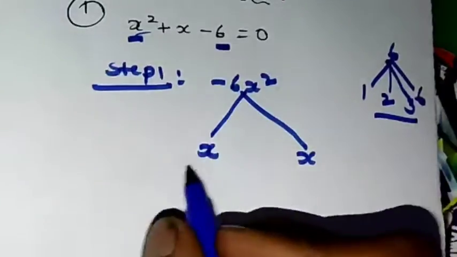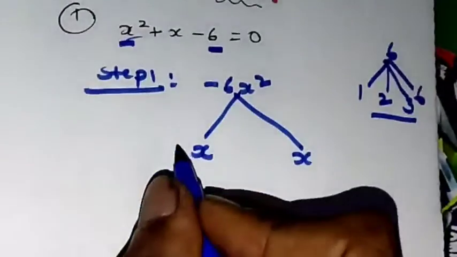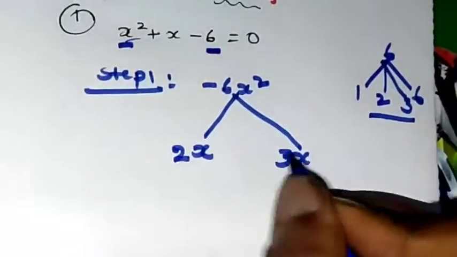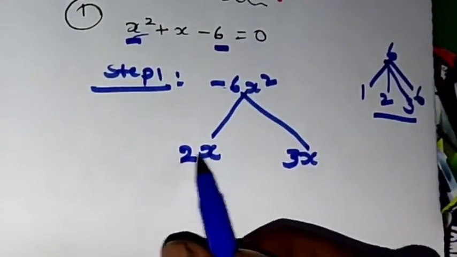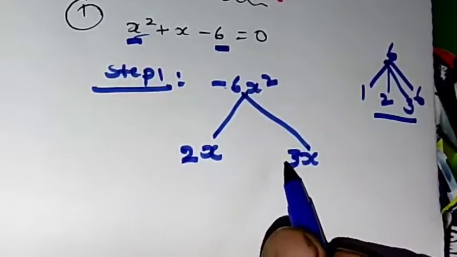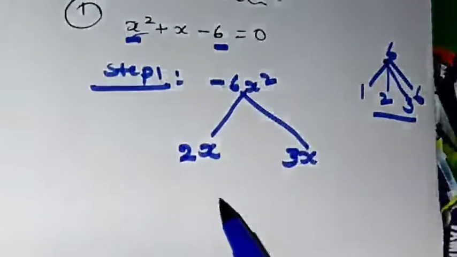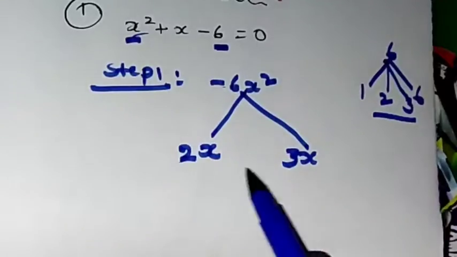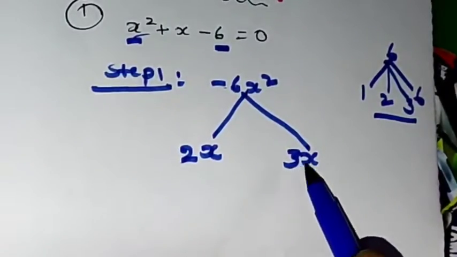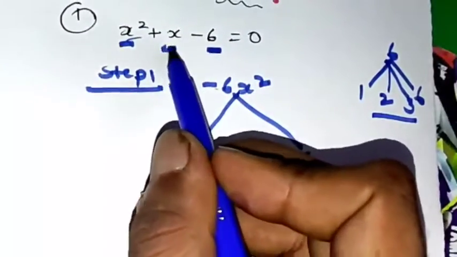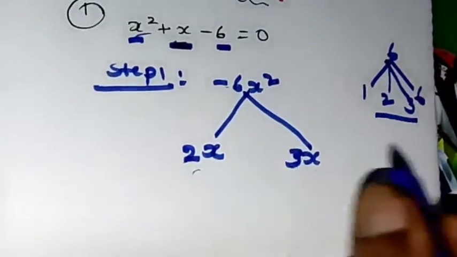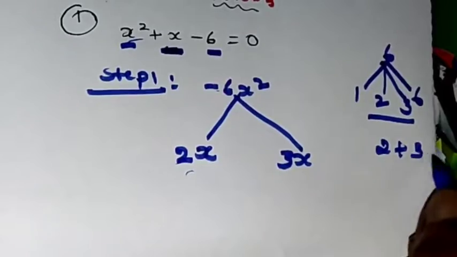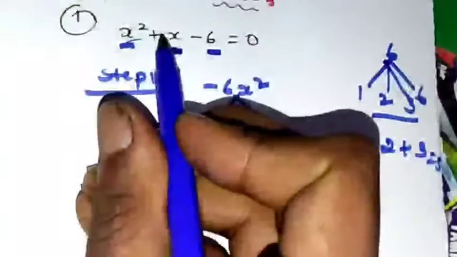Suppose I am taking 2 and 3 as the factors of 6. If you add 2 and 3, we get the middle one. We add and subtract these two values, that gives this value. Now 2 plus 3 we get 5, but 5 is not there.